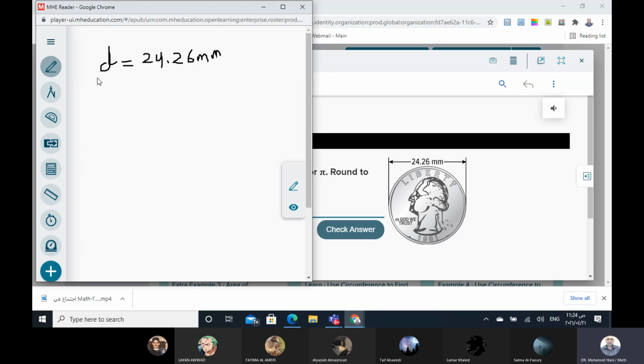The diameter now, we have 24.26. So I want first to find the radius.